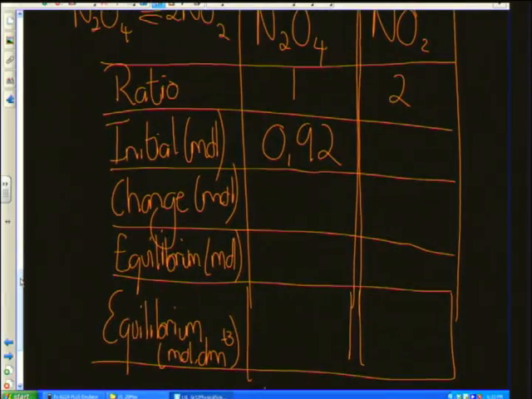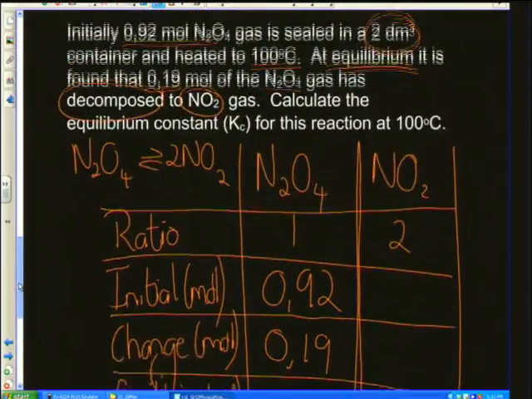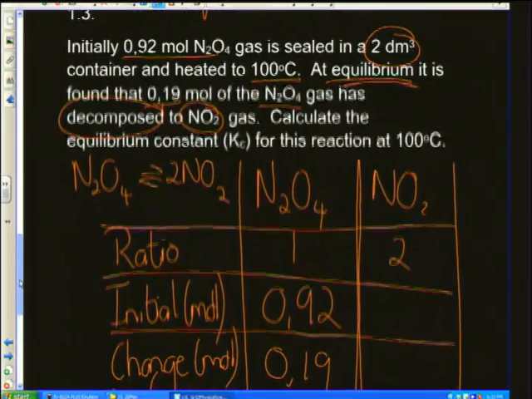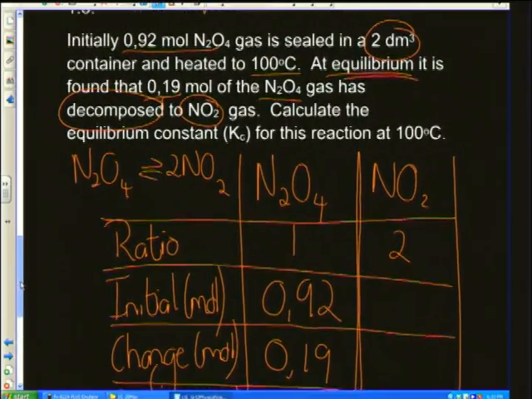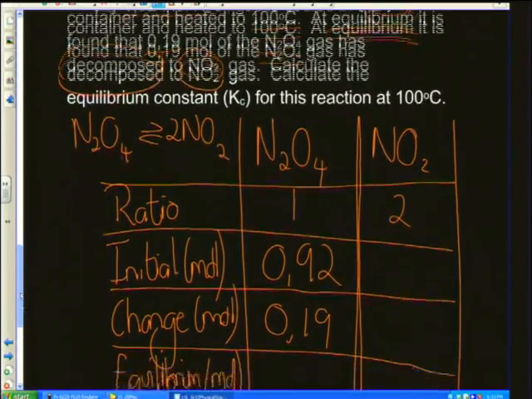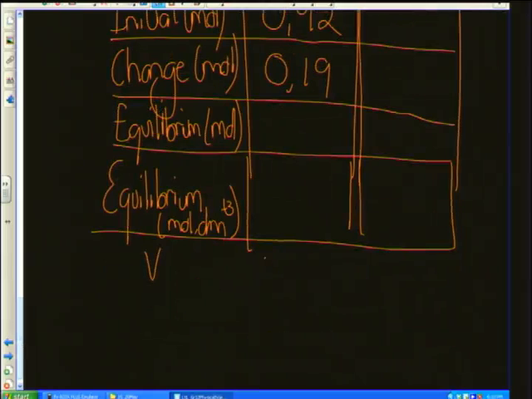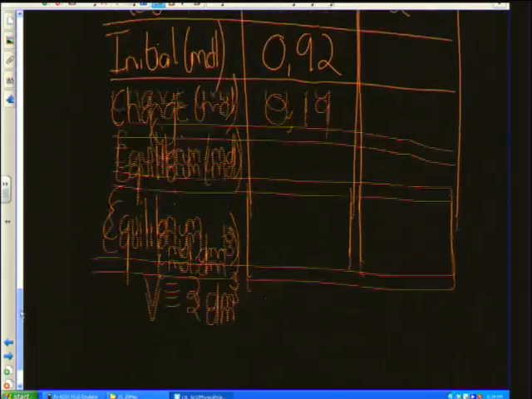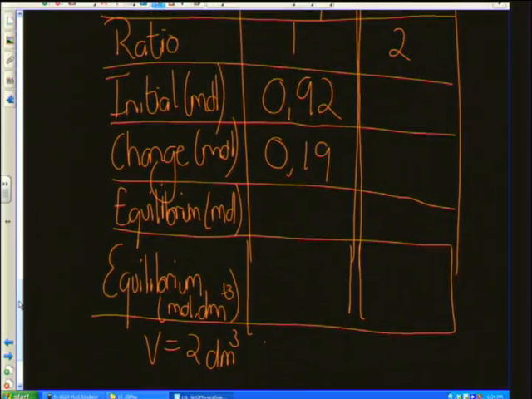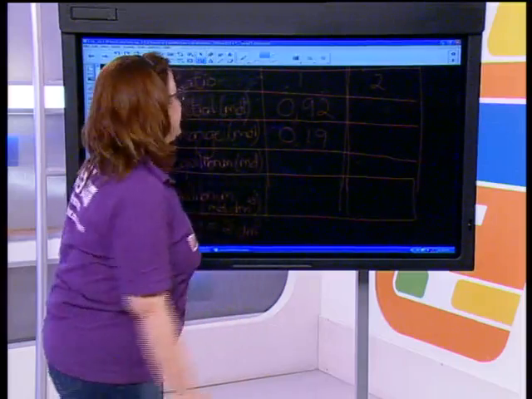So the change in N2O4 was 0.19. That's all they told you, it happens at 100 degrees, and for equilibrium, I need to know that the volume is 2 decimeters cubed. And I'm sure some of you are going, yeah, right, Josie, like I can get to equilibrium from here. Of course you can. Watch.